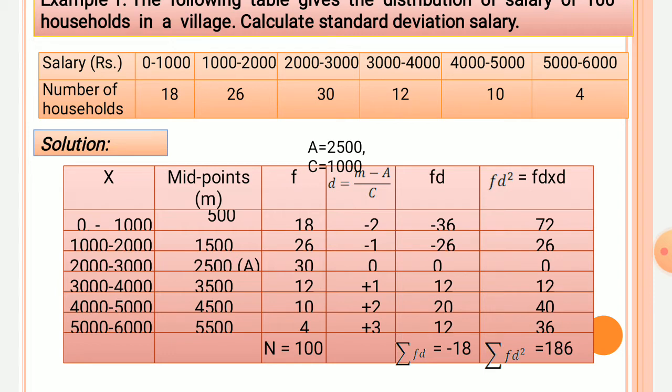On that basis we can go for solving the value of standard deviation. Here sigma fd square is 186, sigma fd is minus 18, and n is the total frequency, 100.